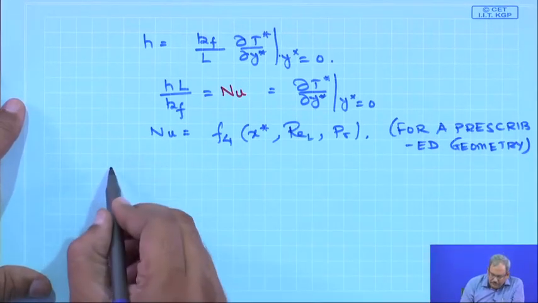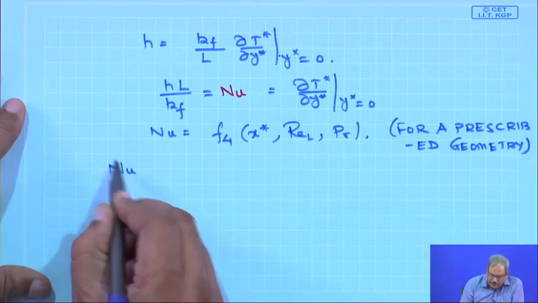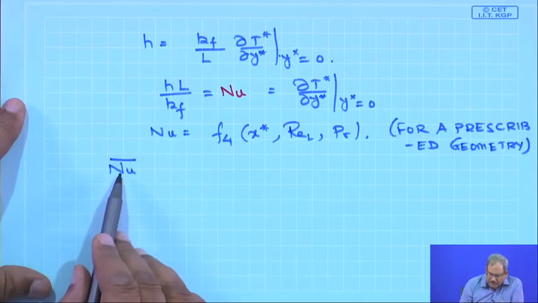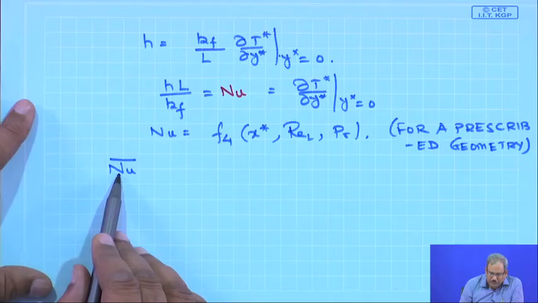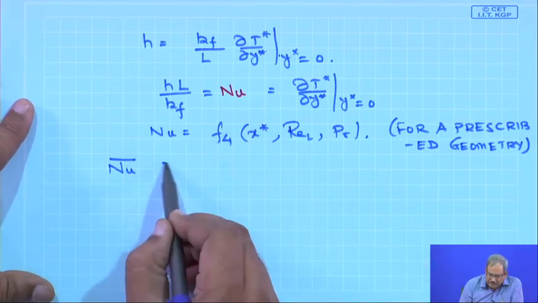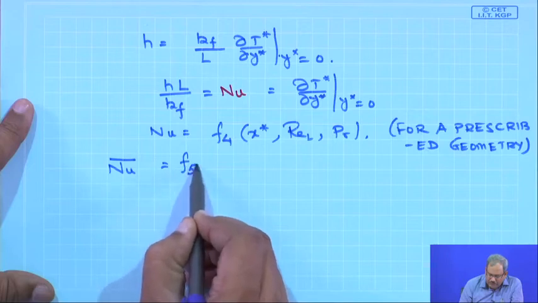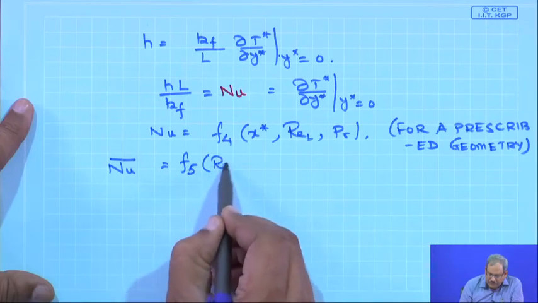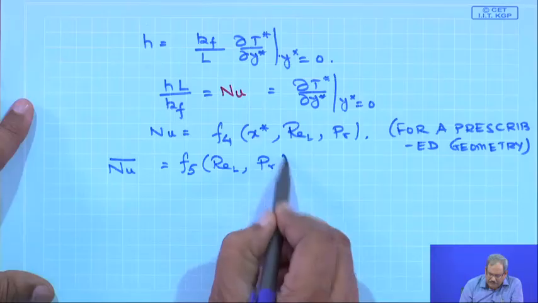And if you would like to find out the length average value of Nusselt number, then x star is obviously dropped. It should be another function f5 of Re L and Pr.